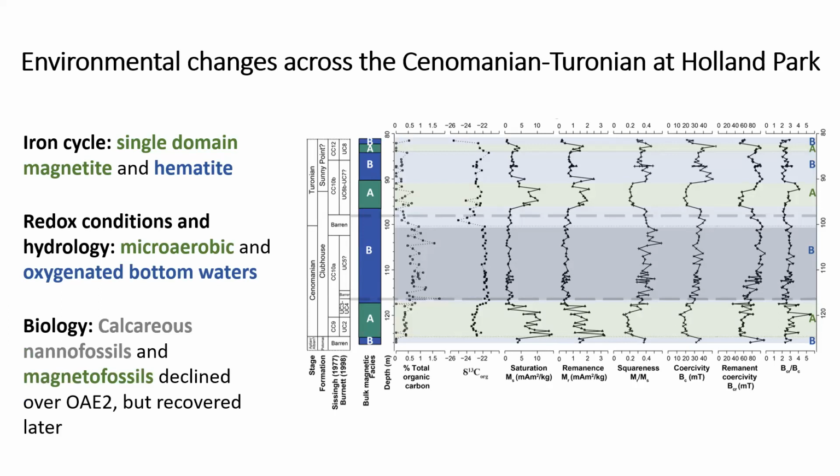We can also study changes in the biology. We see that these calcareous nanofossils and magnetofossils are not happy over OAE2. They plummet, but they recover up section. So we can start to study the ecological threshold of these organisms by looking at these records.